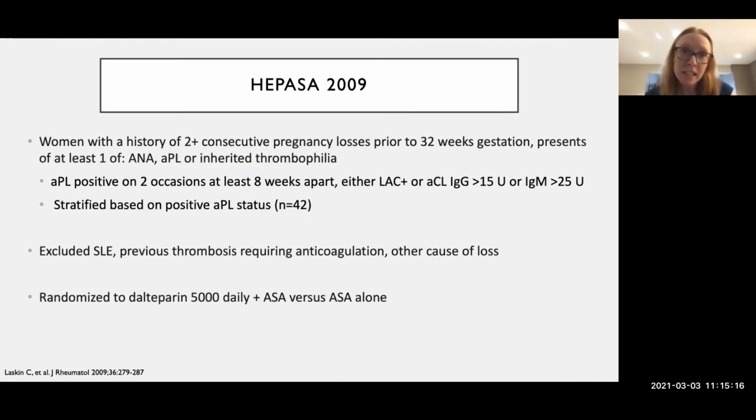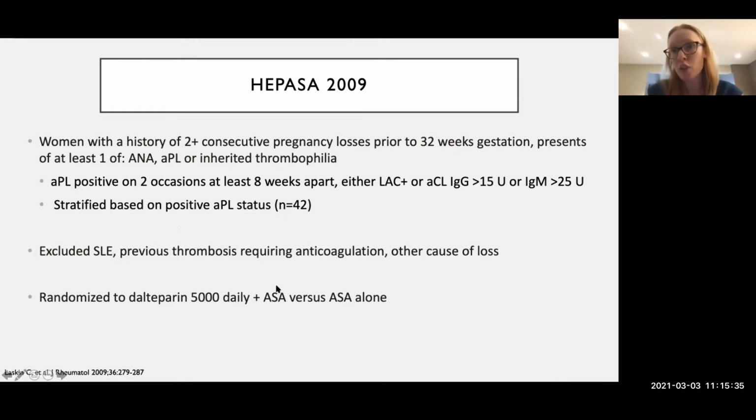The most recent of the trials, not including our pilot study, was in women who had 2 or more consecutive pregnancy losses with at least one of an ANA, antiphospholipid antibodies, or inherited thrombophilia.